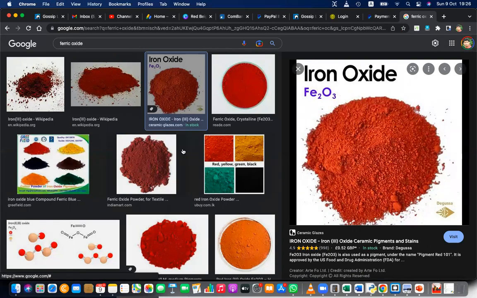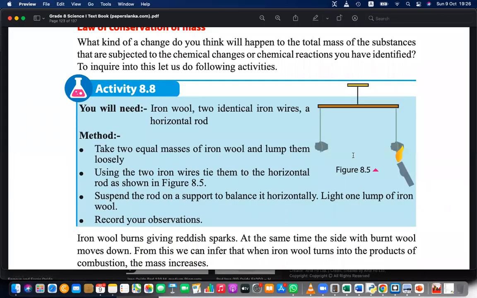Ferric oxide is red in color, and that is sometimes called iron 3 oxide. Iron 3 oxide or ferric oxide, both are okay. Right. So then why will the mass come down?